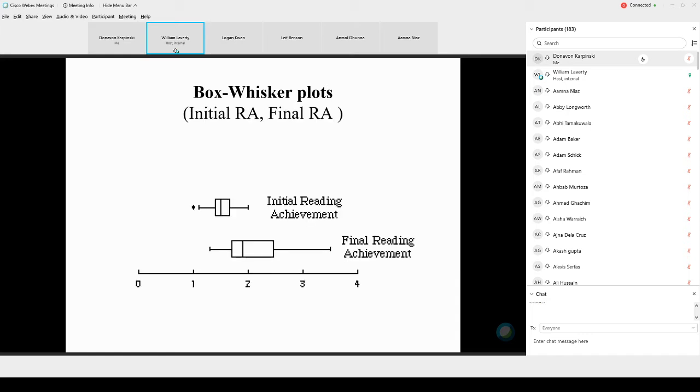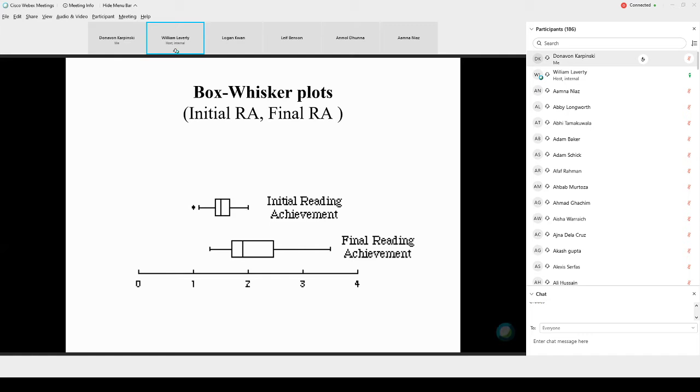There's the box plot of initial reading achievement and final reading achievement. So you can see that final reading achievement is a little bit higher, and a little bit more variable, and it looks like it's positively skewed. You can see the shape of the histogram roughly from a box plot.